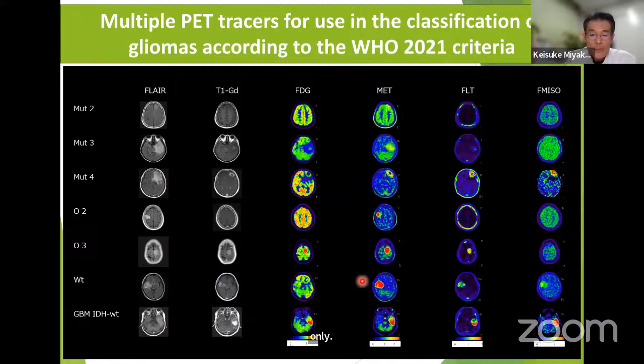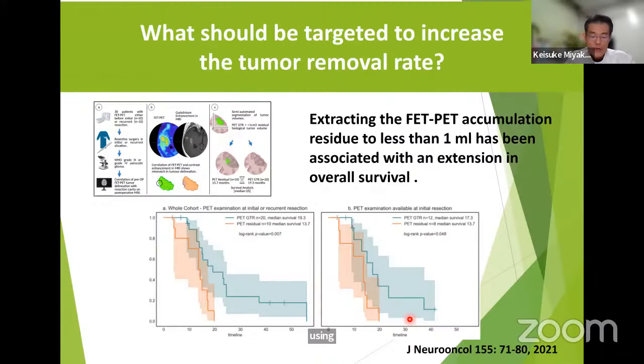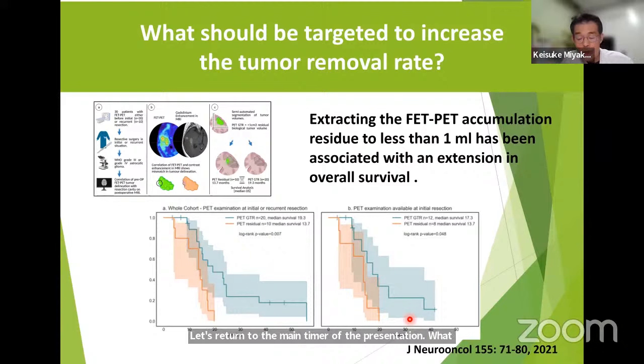Based on the above, we can diagnose and classify gliomas using PET scans according to WHO 2021 criteria. Let's return to the main theme of this presentation. What target can enhance glioblastoma removal rate?